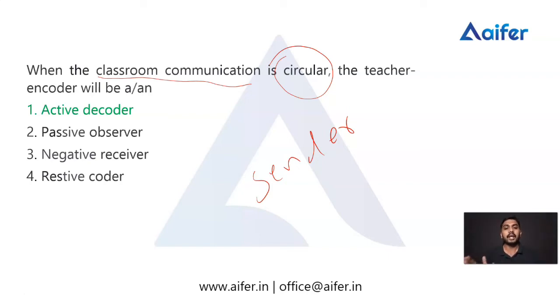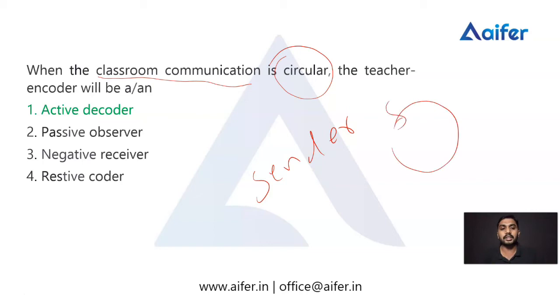When a receiver gives feedback to the sender and the sender decodes that message, it is known as circular communication. The sender starts the message and again that message reaches the sender from the receiver as feedback. So it is called circular communication because it is circulating.